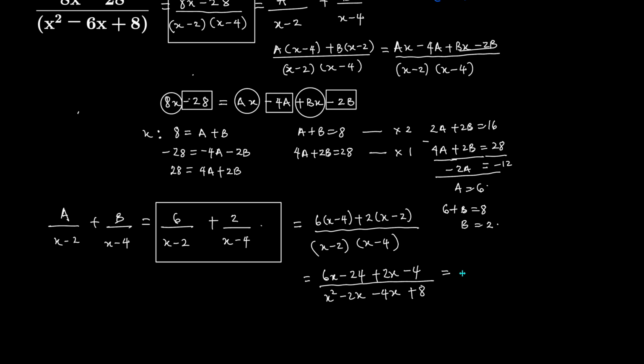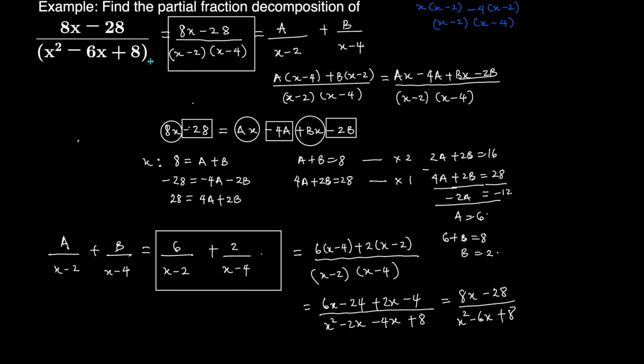Now this equals 8x minus 28 over x squared minus 6x plus 8. This is basically the same as the original single fraction that we came from. So you can always take your time to check if your partial fraction is the same as the single fraction.